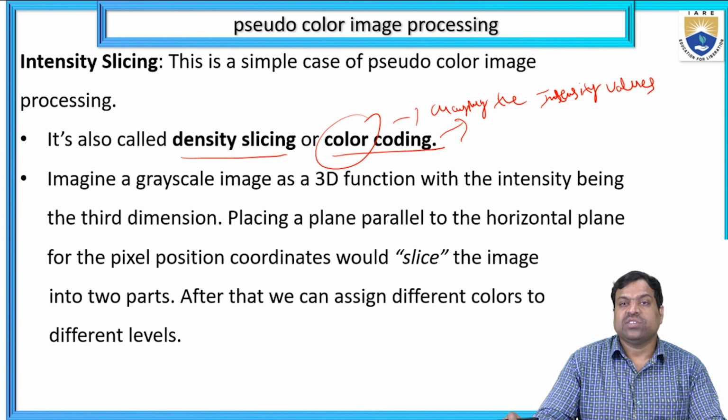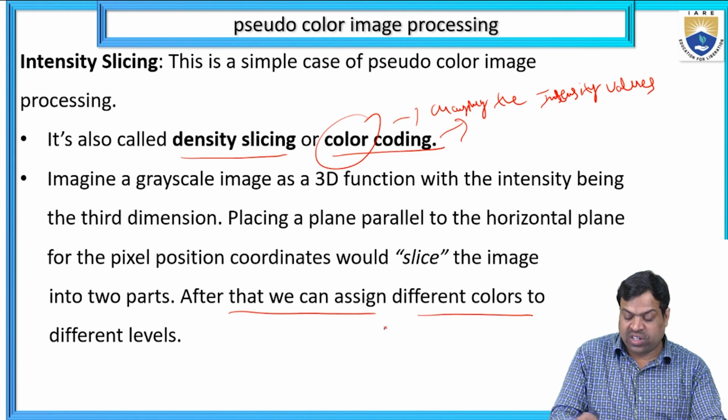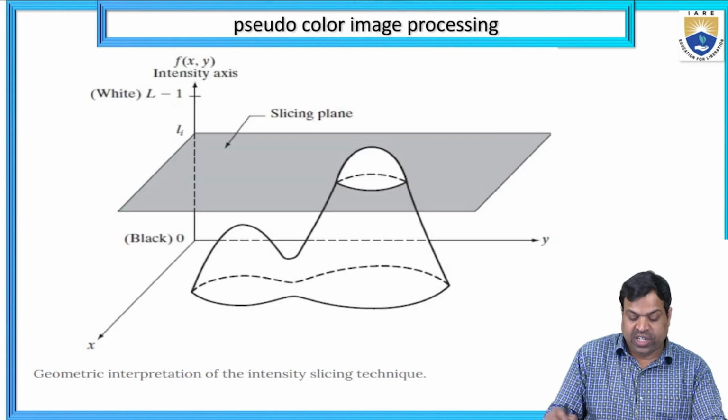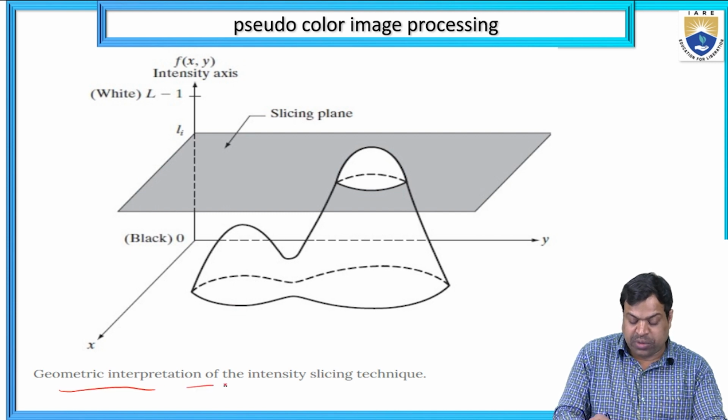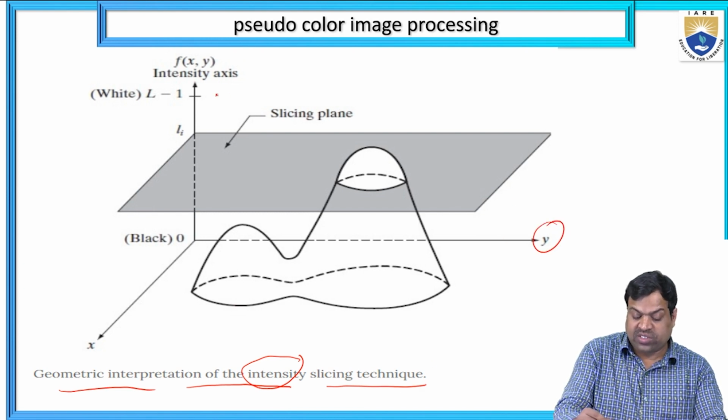So imagine a grayscale image as a 3D function with the intensity being the third dimension. Placing a plane parallel to the horizontal plane of the pixel position coordinates would slice the image into two parts. After that, we can assign different colors to the different levels. It is one example of the geometric interpretation of the intensity slicing technique. So I am taking x-axis, y-axis and z-axis.